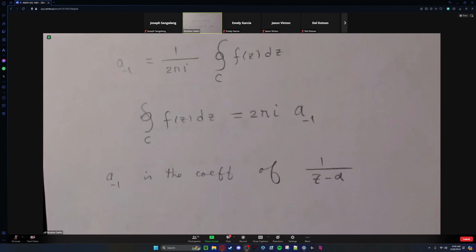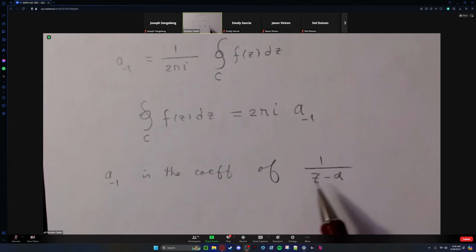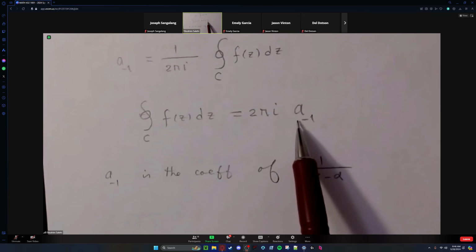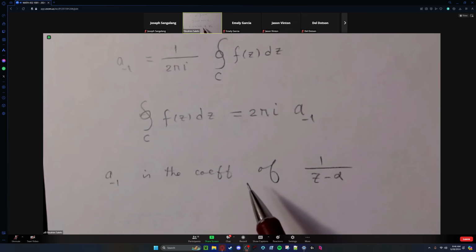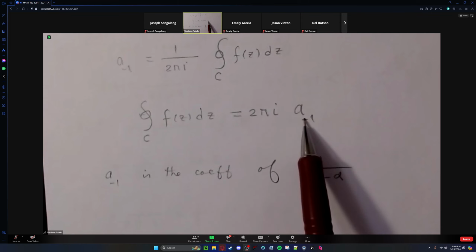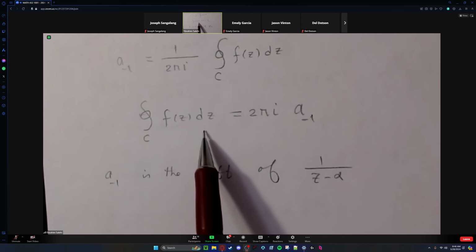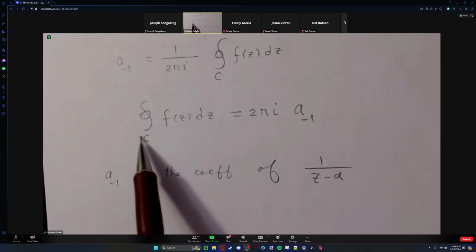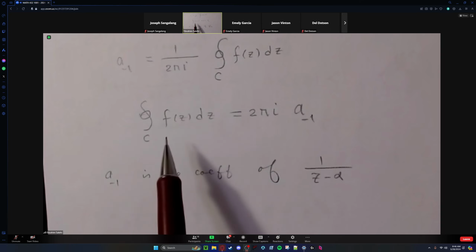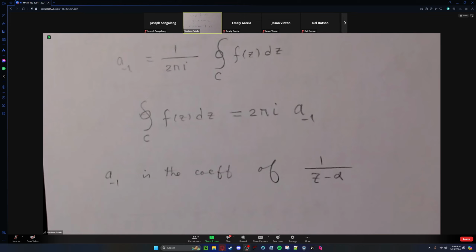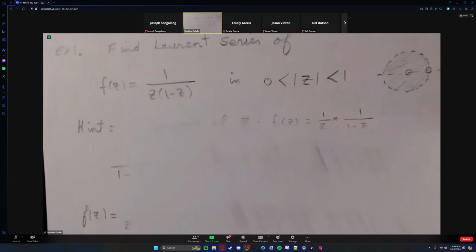That is the most important part of the Laurent series, because the number multiplied by this, which we call the residue, by the way, multiplied by 2 pi i, will give us the value of the integral. That is the most important part of the Laurent series.